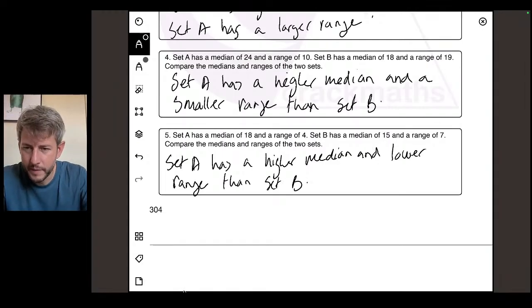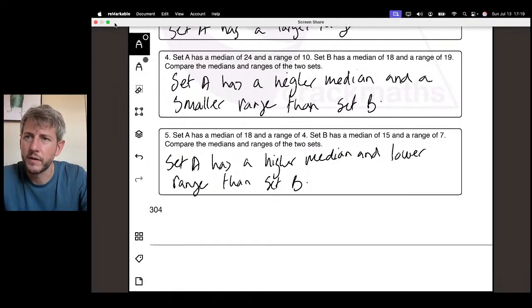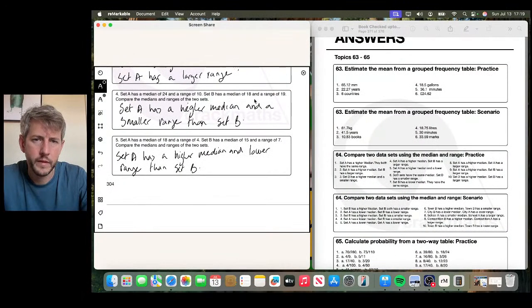Okay, right. Let's get these marked. Here we go.